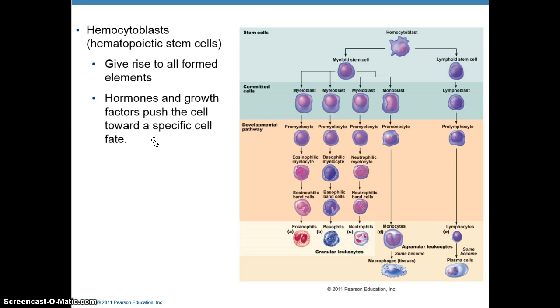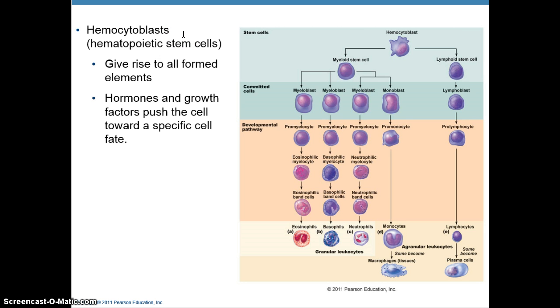When it comes to forming blood cells, all of your blood cells, all the different types of white blood cells, red blood cells, and the cells that produce platelets, are all derived from the same stem cell, which is called a hemocytoblast.